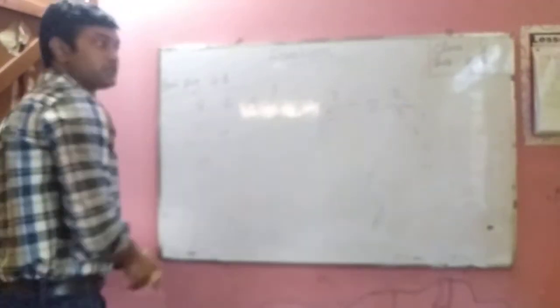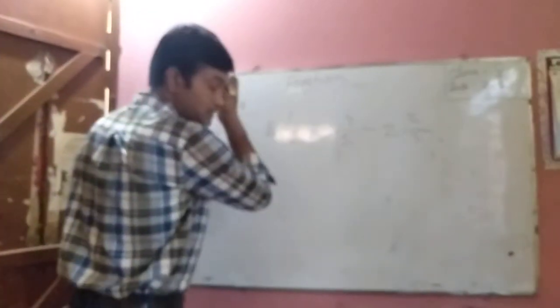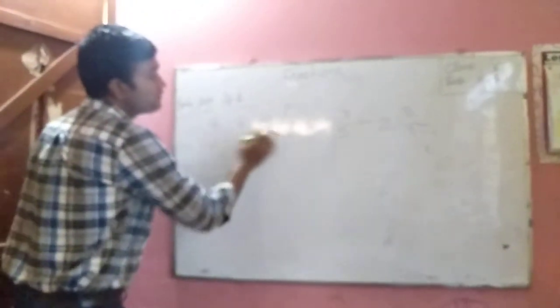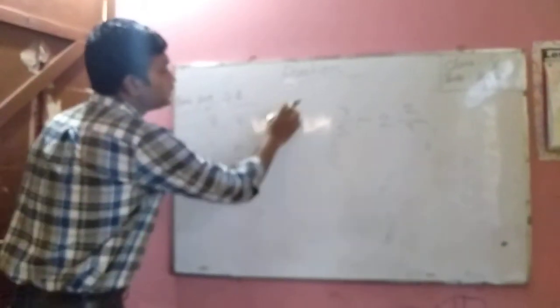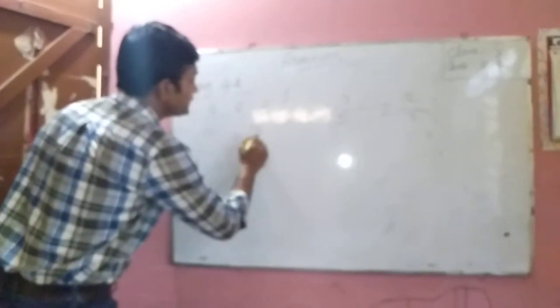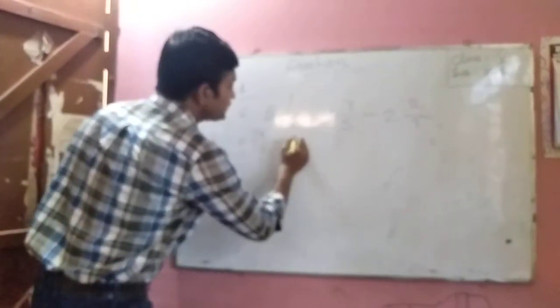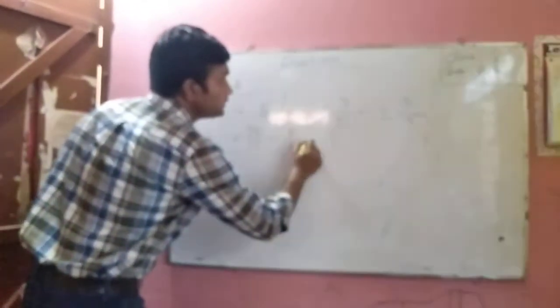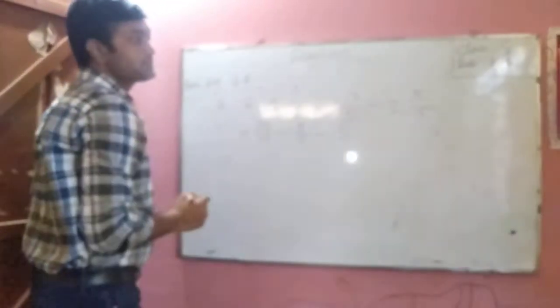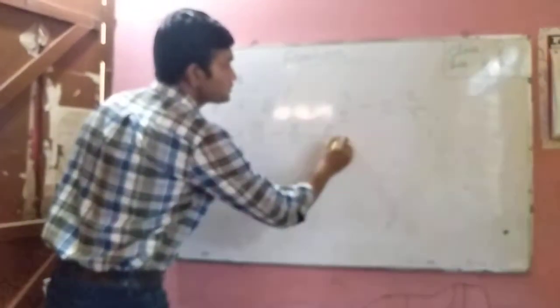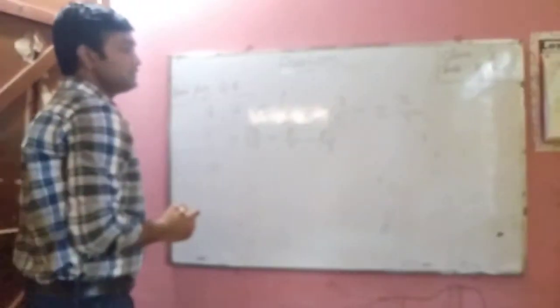So what is our first duty? We have to convert them to improper fractions. Look, 5 15s are 75 plus 1, 76 by 15, minus 5 1s are 5 plus 3, 8 by 5, minus 2 3s are 6 plus 2, 8 by 3.